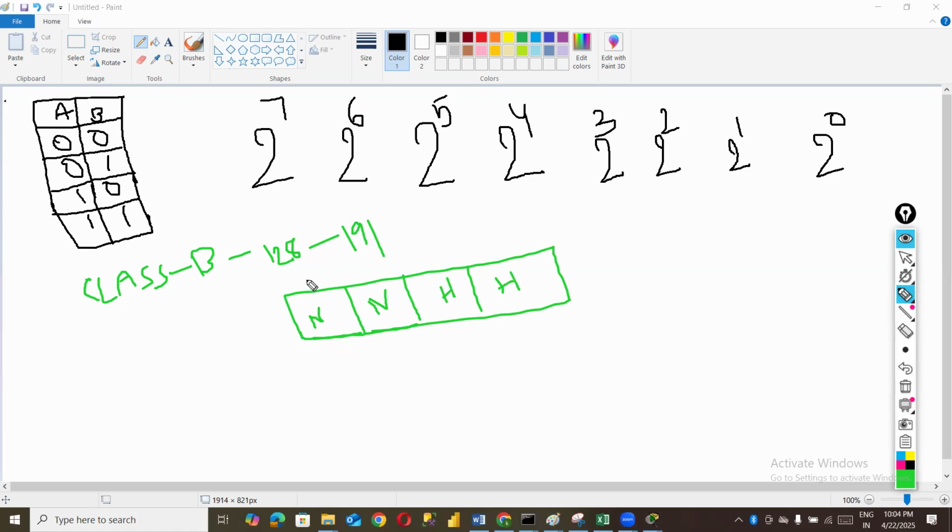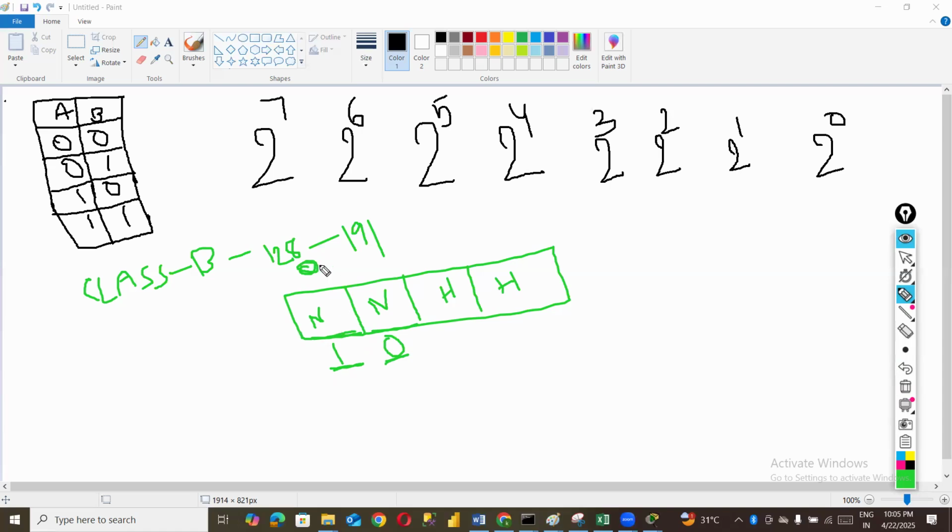So in class A, network bit, it will indicate with 0. First octet is filled with 0. And in class B, it is like 1 0. So this is the reserved network bits. First is 1 and second is 0, right?